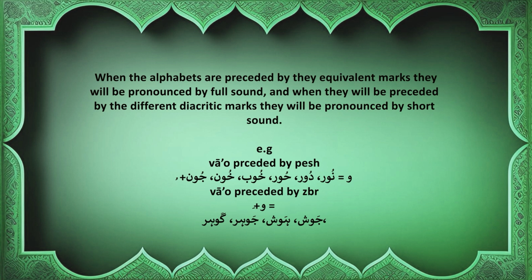For example, pesh plus wow: noor, dur, hur; and wow preceded by zabar: josh, hosh, jauhar, gauhar. Particularly when the alphabet followed by it is muharrik or mutaharrik, with the diacritic sign of zabar, zair, pesh. This is another rule about wow.